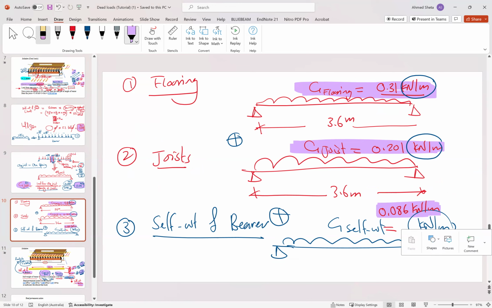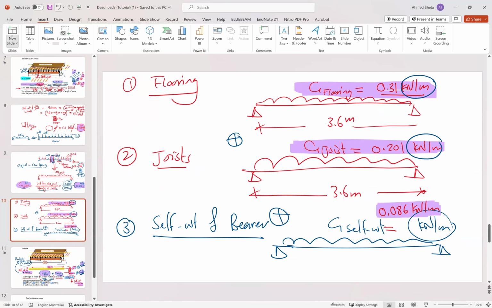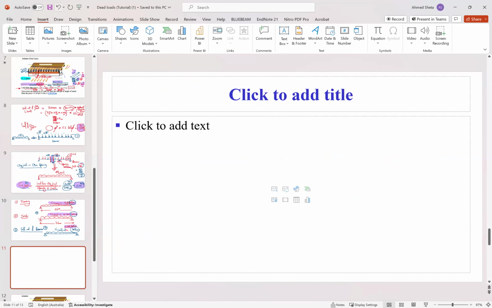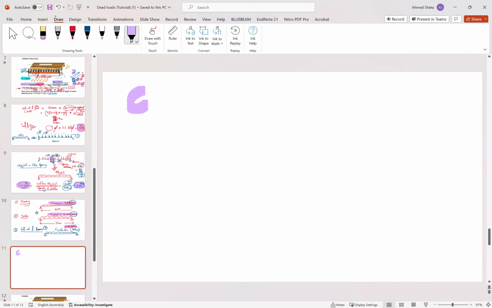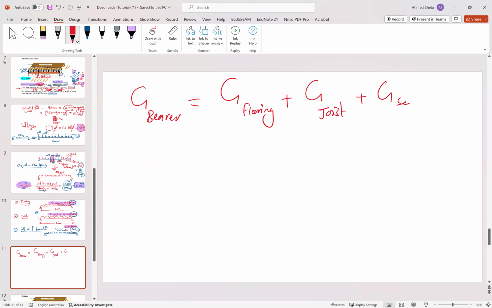So if I add another slide here to show you. The final dead load on the bearer will be equal to G from the first component, G flooring, plus G from the second component, G joist, plus G self weight of the bearer. So these are our three components.